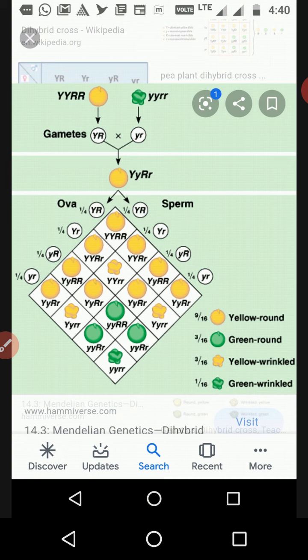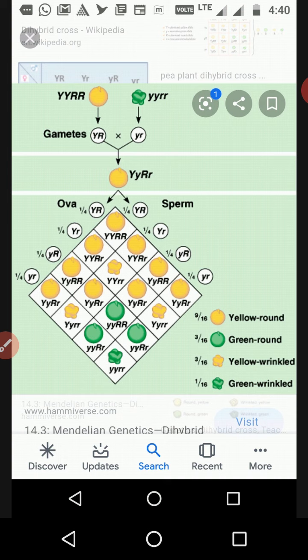Second condition, capital R, small r, capital Y and small r, and here you can see capital Y and capital R. In the next box you can see capital Y, capital Y, capital R, small y, small r. Clear? That is the combination of the second from the ovum and the first from the sperm.